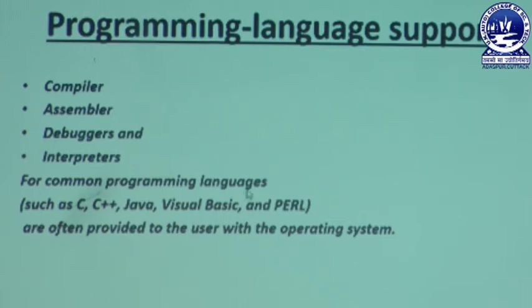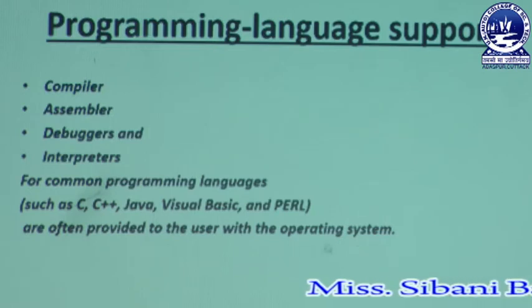In order to give you support for these programming languages, there are system programs that help in providing you with this programming language support. There are things like compilers, assemblers, debuggers and interpreters, and for common programming languages such as C, C++, Java, Visual Basic and so on, these are often provided to the user with the operating system.